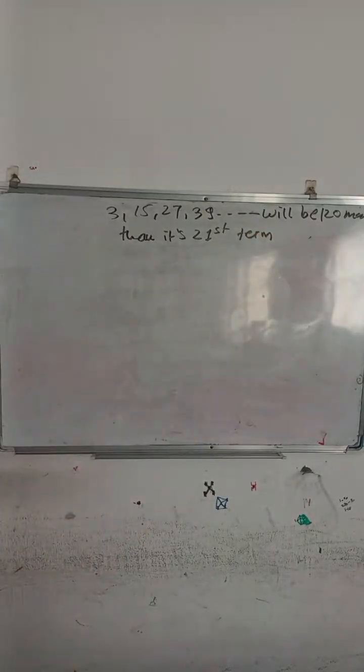Okay, 3, 15, 27, 39 and so on will be 120 more than its 21st term.